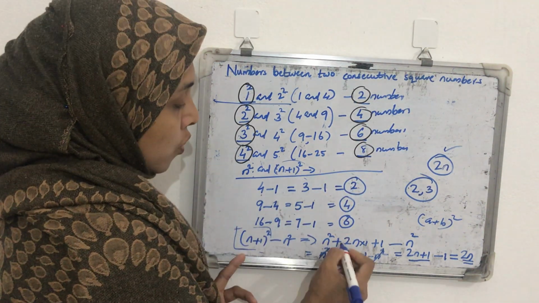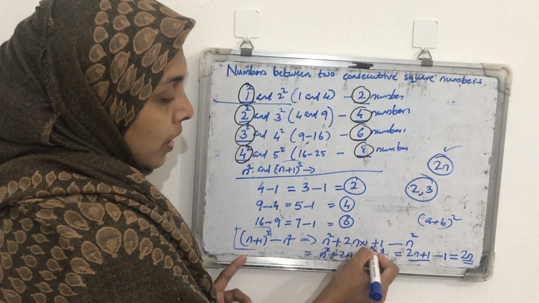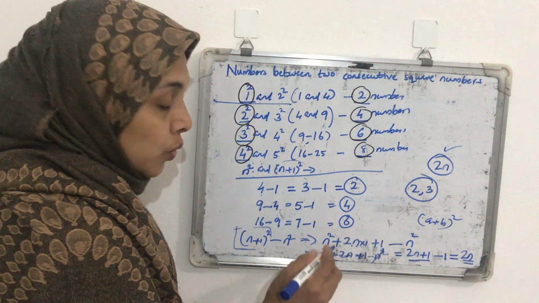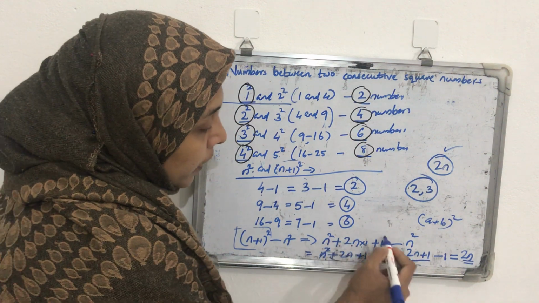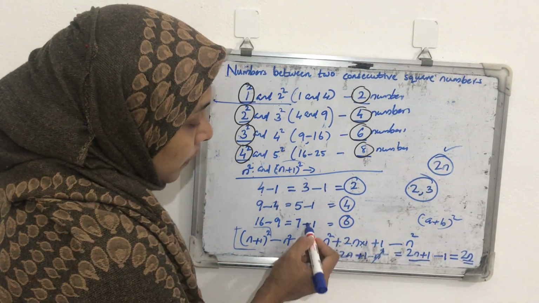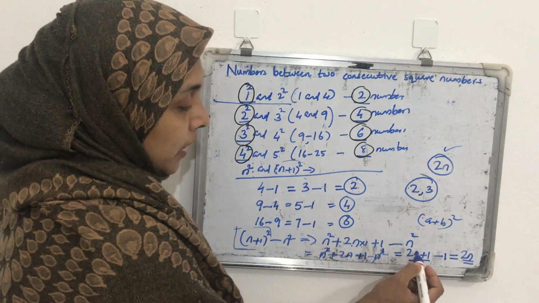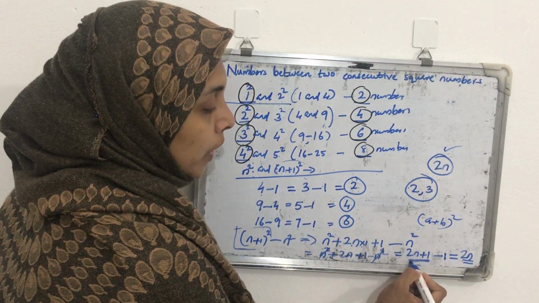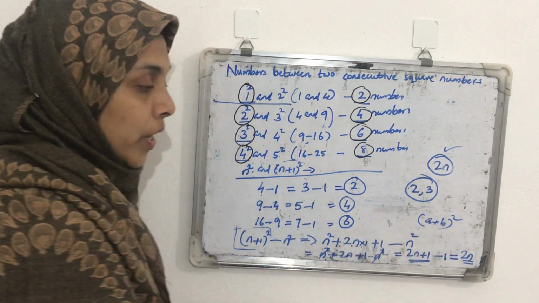The expansion of n plus 1 whole square is n square plus 2n into 1 plus 1, using that identity. After subtracting n square, we again subtract 1, the same way as before. So 2n plus 1 minus 1 will be 2n.